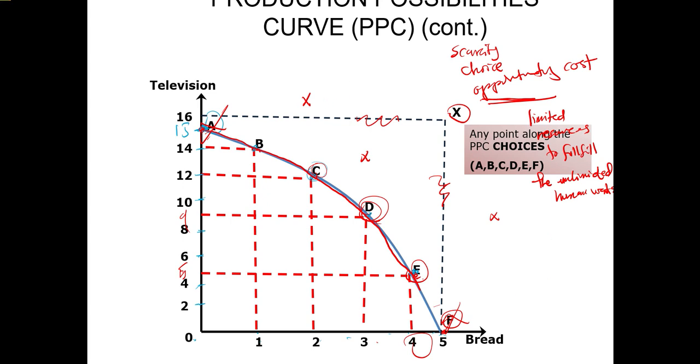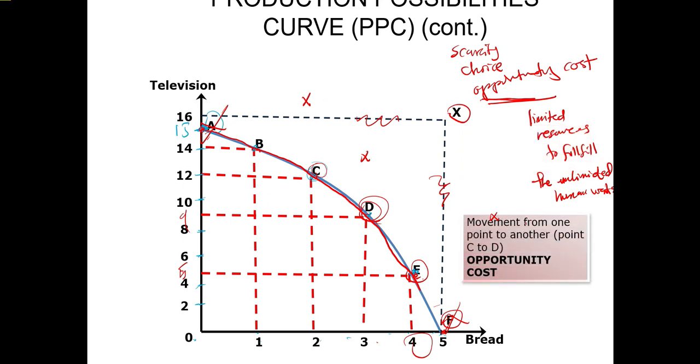Okay, alright. And then when we move from one point to another point, C to D for example, it will involve the third concept, which is opportunity cost. If, for example, the country chooses to produce at D, this is its choice. So let us first understand the meaning of opportunity cost.